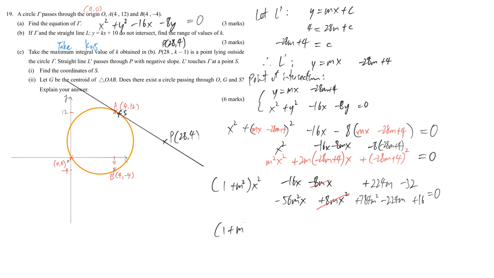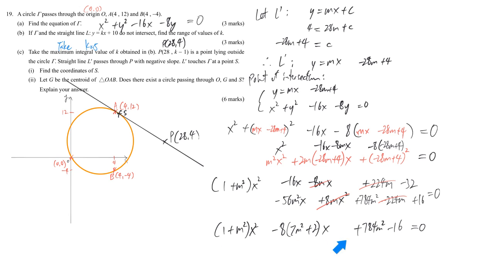So (1 plus m squared) x squared, negative 8 times 7m squared, also plus 2 times x. These two terms cancel out, so 784m squared minus 16 equal to 0.